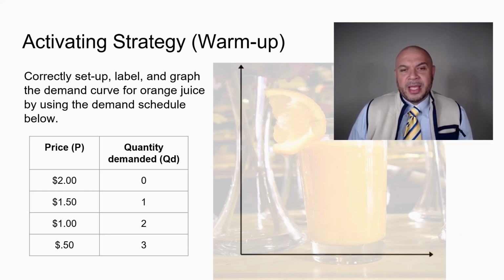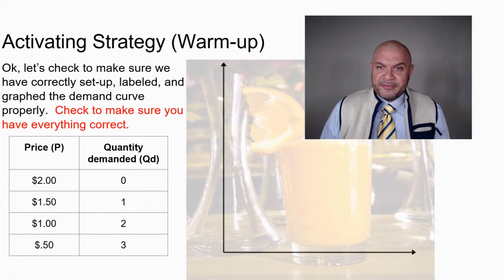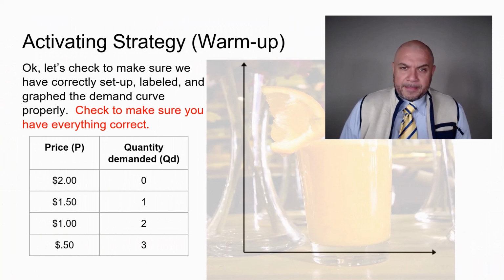All right, so let's go ahead and go through this to see if you correctly labeled. So the first thing, price is located on the y-axis as shown. Quantity demanded is located on the x-axis.